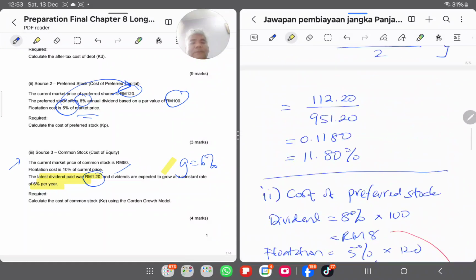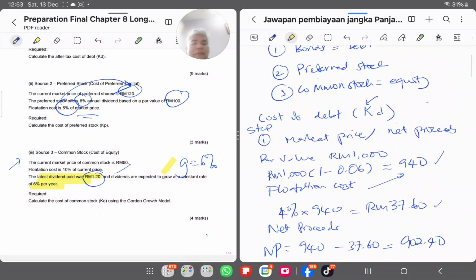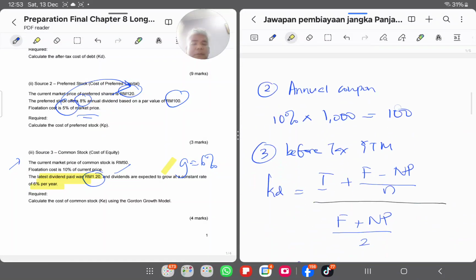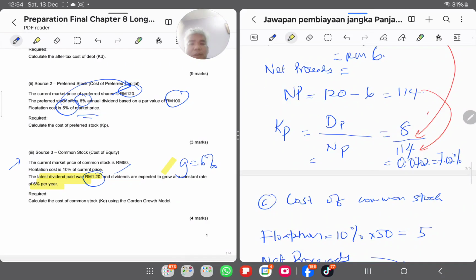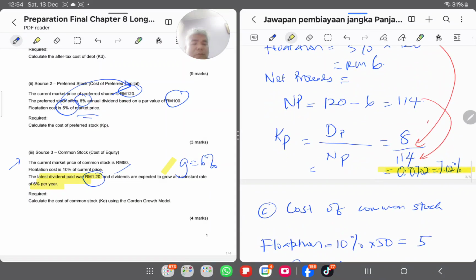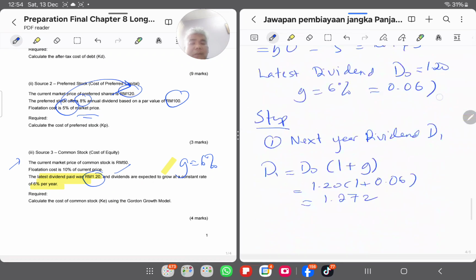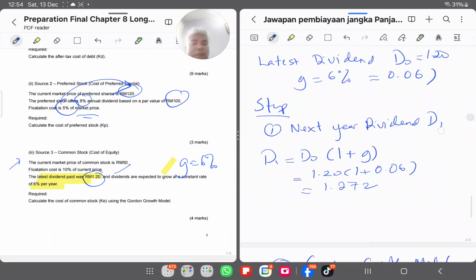First is cost of debt, 11.8%, and then cost of preferred stock, 7.0%, and the last is cost of common stock, 8.83%.